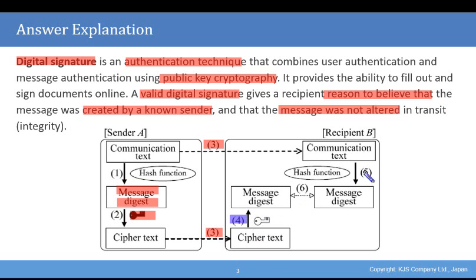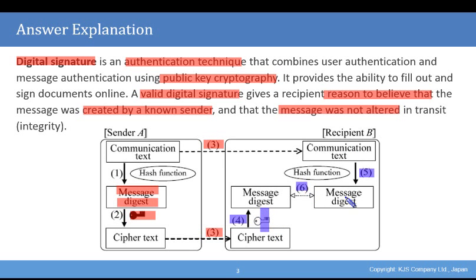So here what we've done is used the hash function to create the message digest. Finally, in stage 6, recipient B will do a comparison between the message digest decrypted in 4 here and also with the same text from the communication over here from this 5.